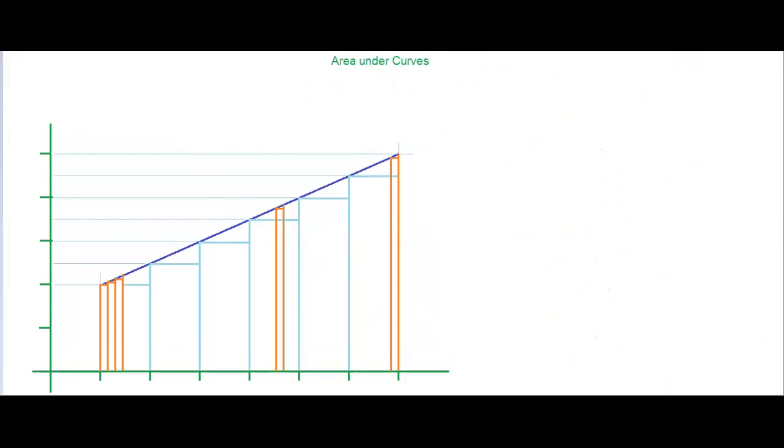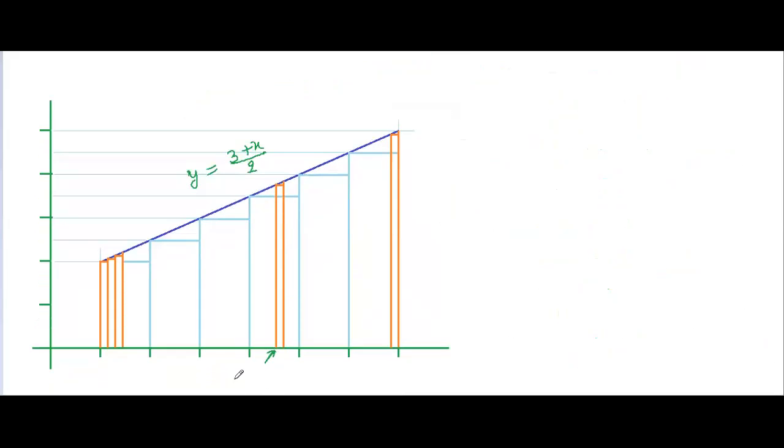I am writing again the things which we have found. Not all things, but the last results which we have found. And that is y is equal to 3 plus x divided by 2, whereas the x coordinate of this point is 1 plus k minus 1 times h.